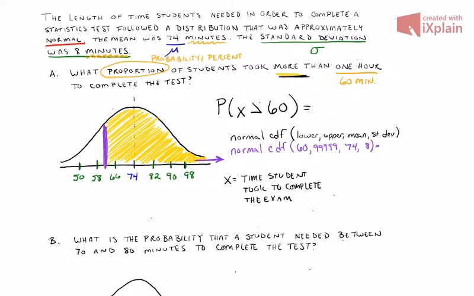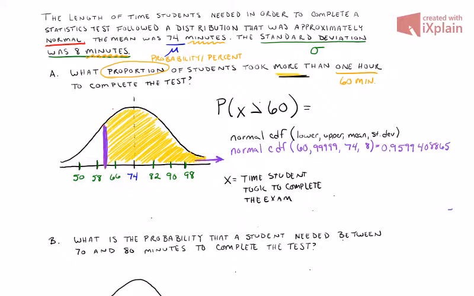I'm going to do 60 for my lower bound, comma, 99,999, comma, 74 for my mean, comma, and 8. Close that off, and we end up getting 0.9599408865.